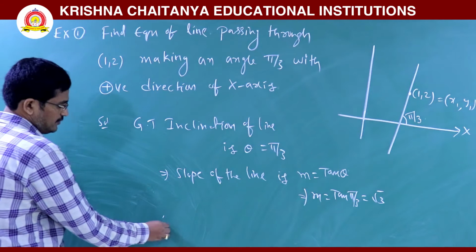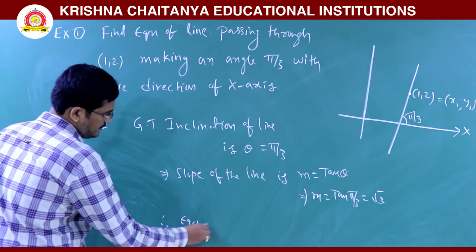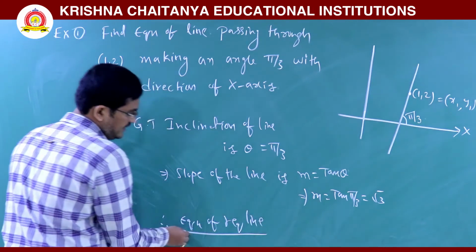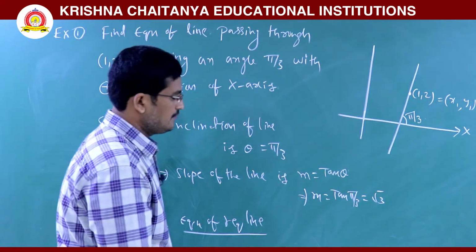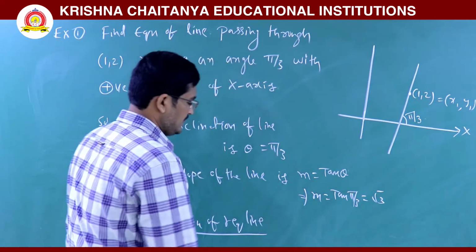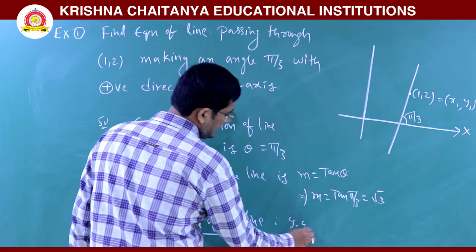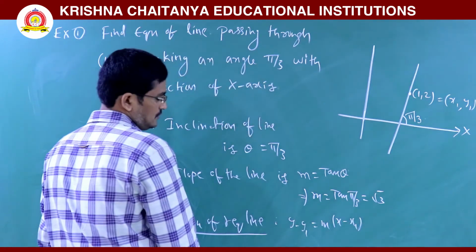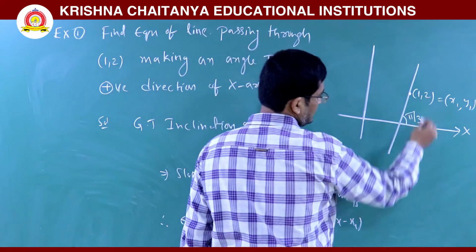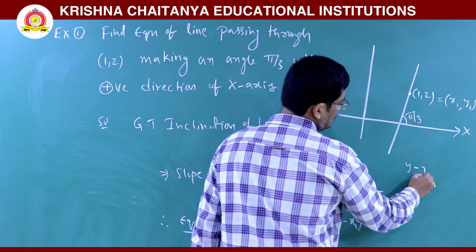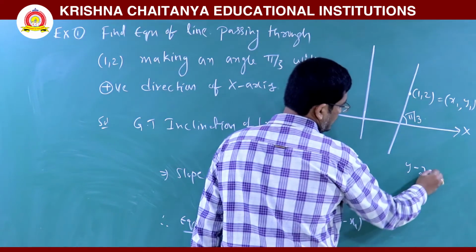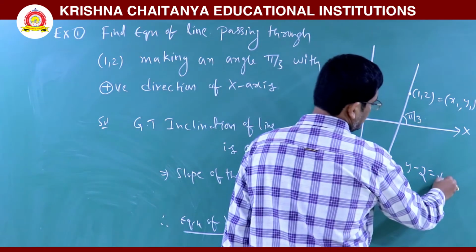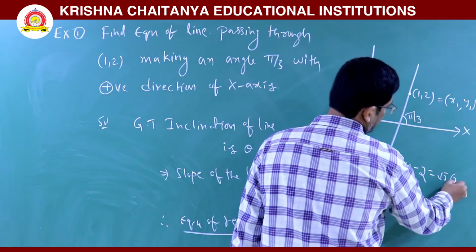Therefore, the equation of the required line: the required line is passing through (1, 2) having slope root 3. By using the formula y minus y1 equals m into x minus x1, y minus 2 equals m, which is root 3, into x minus 1.